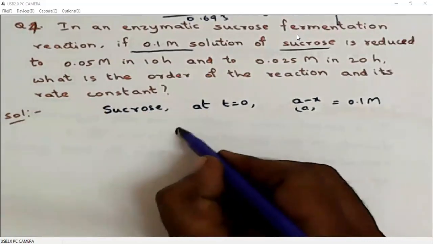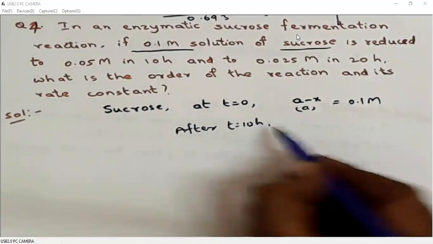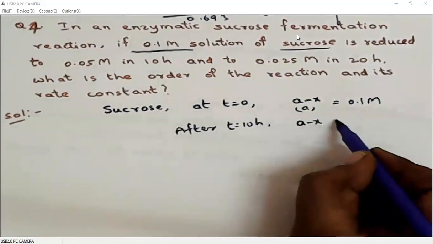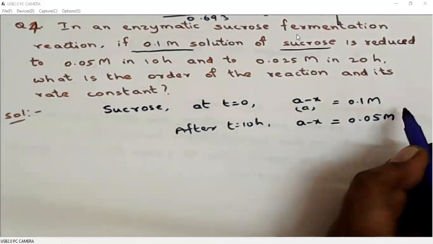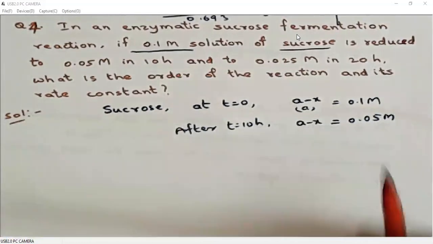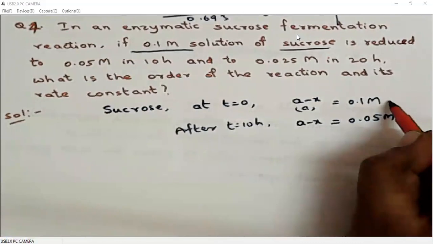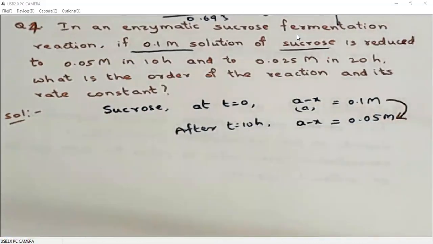That means after T equal to 10 hours, A minus X has become 0.05 molar. Here we can clearly see that the concentration of sucrose is halved within 10 hours.